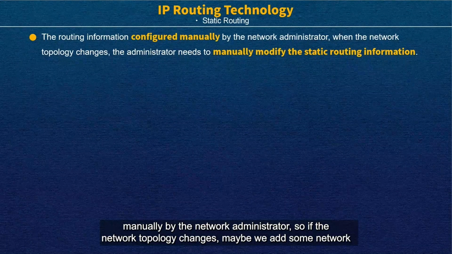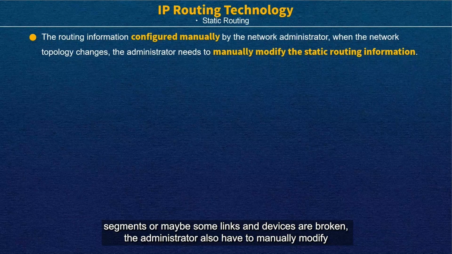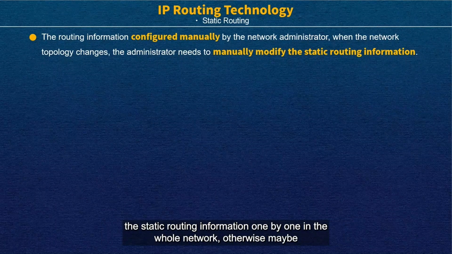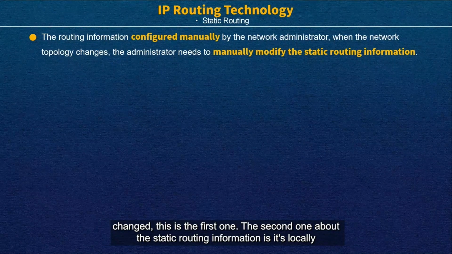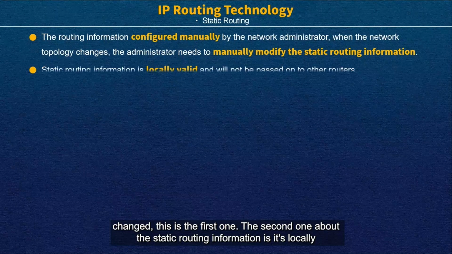So if the network topology changes, maybe we add some network segment or some link is broken, the administrator also has to manually modify the static routing information one by one across the whole network. Otherwise, the devices may still use the wrong routing table to forward messages, but the network topology has already changed. This is the first one.